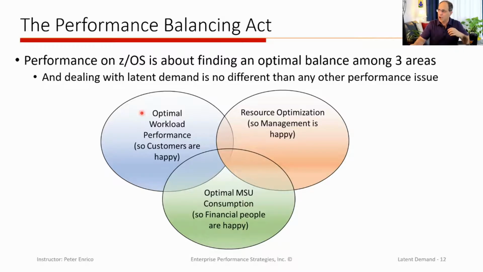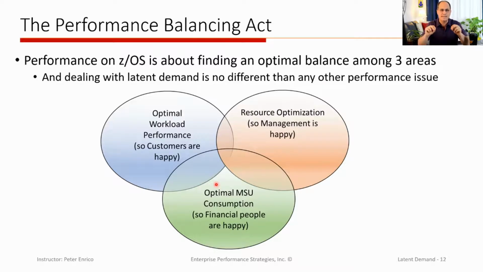We have optimal resource usage or resource optimization, which means given the resources we have, we want to make sure we use those resources as effectively and efficiently as possible. And then finally, in the mainframe environment, we also have this crazy thing of optimizing MSU usage so that your software bills are in control, that you're not paying more software costs than necessary, or than you can afford, because you're using additional capacities during peak rolling four-hour averages and all crazy things like that.